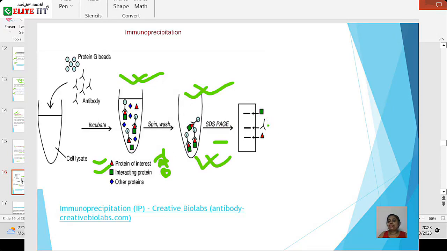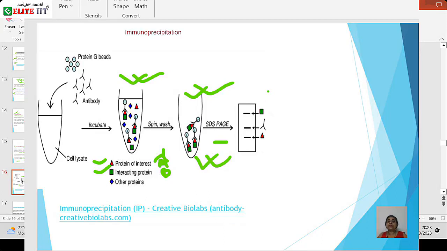You will get three types of bands. The antibody is attached with the protein, or magnetic beads may be there. Finally, after the SDS-PAGE, you will get three bands: two bands for the two proteins and another band for the antibody. Is it clear up to this?